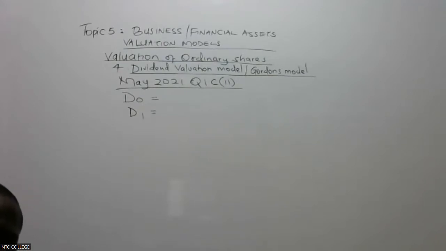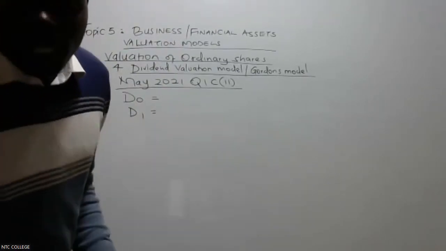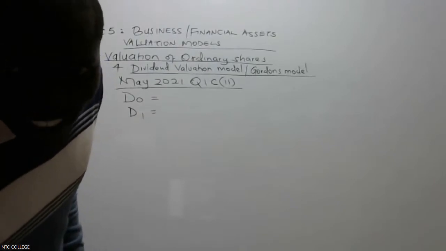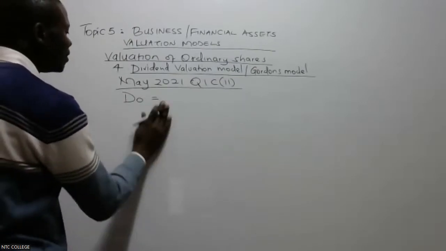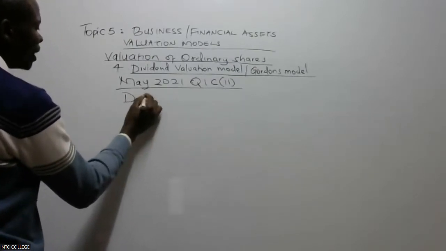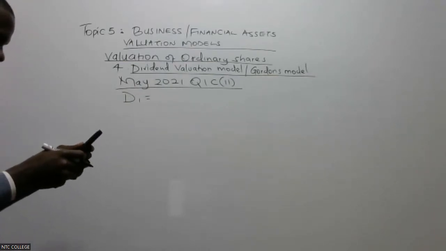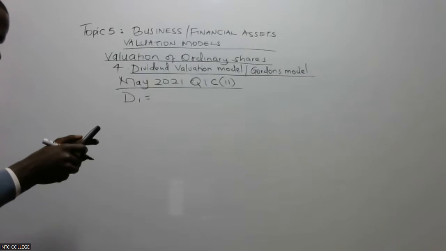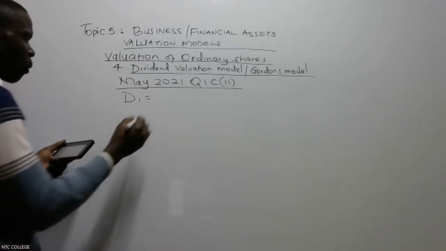That's a good response. I can see all of us are saying D1. Nobody is saying D0. So it is the expected dividend, so it is D1. We are having a D1 of 5.4.